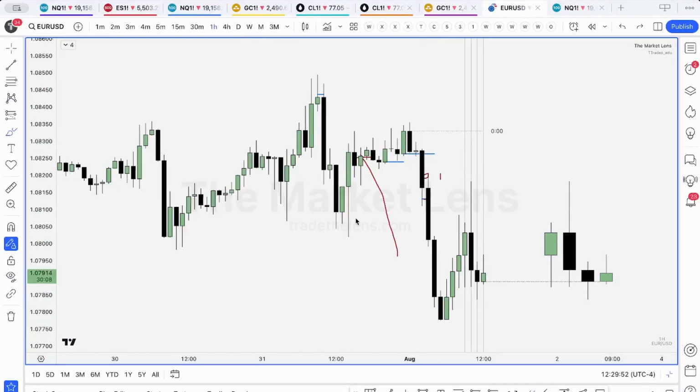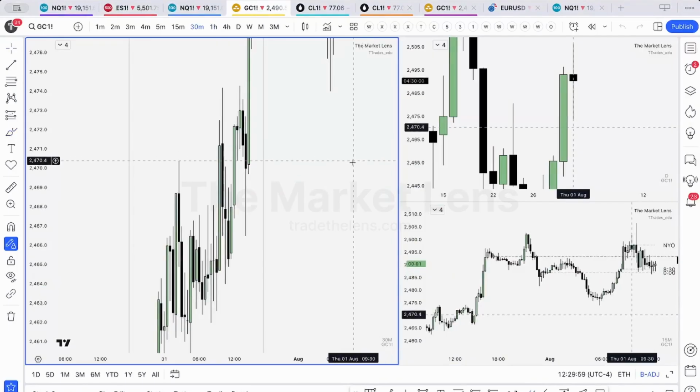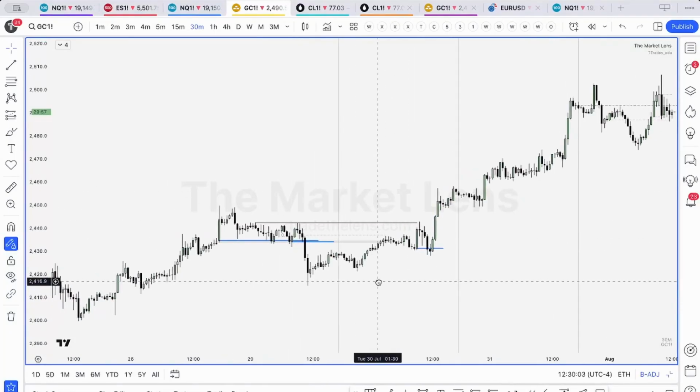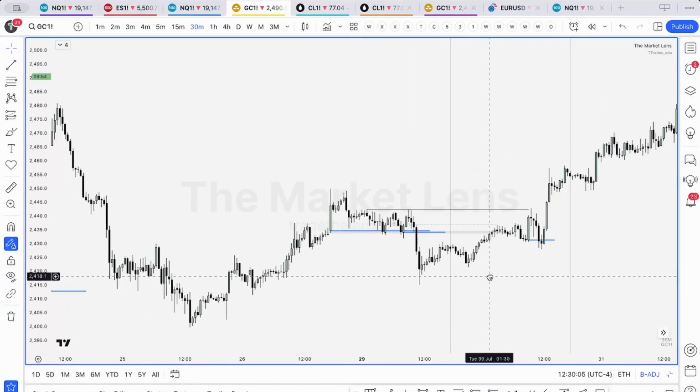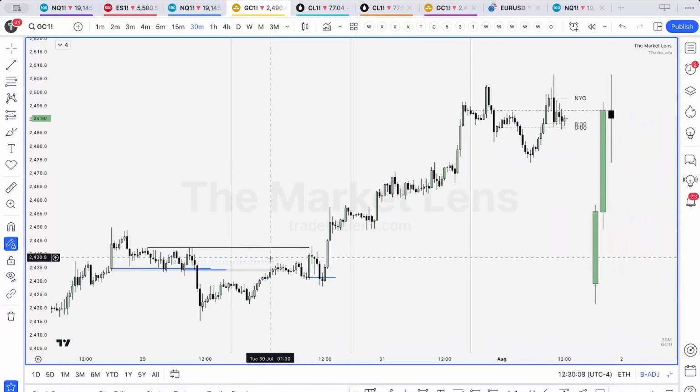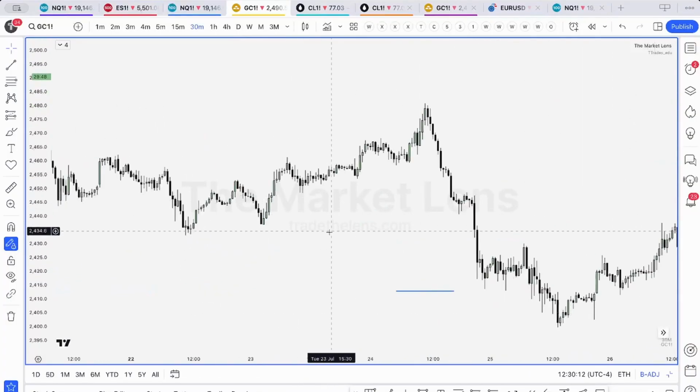How do you find a higher time frame bias to trade without daily bias? One way to do that is just looking at trend. So if we go to gold, to the examples from last week, here.